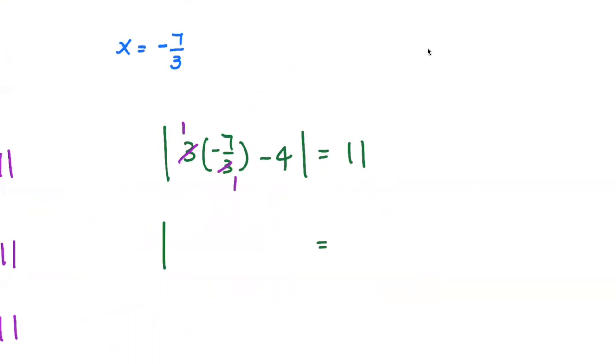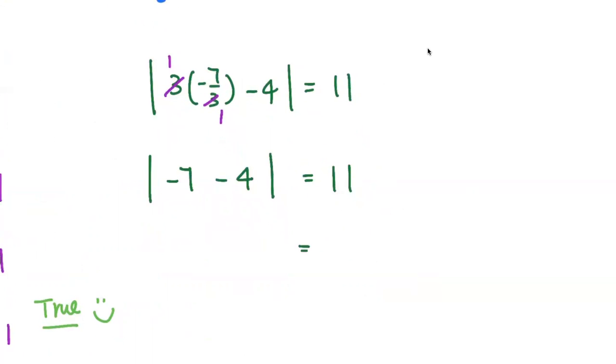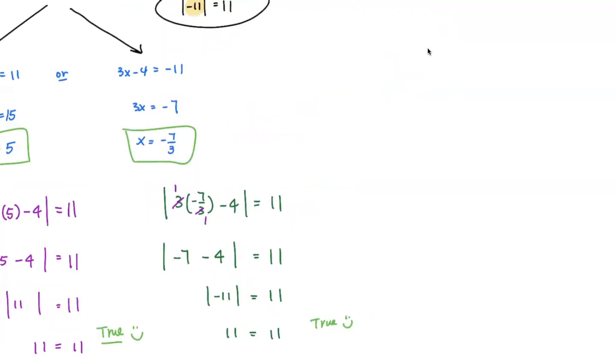So you would end up with negative 7 minus 4 between the absolute value symbols. So you have the absolute value of negative 11 equals 11. And the absolute value of negative 11 is indeed 11. So we say, hey, that's true too. So that means this is our solution. So we have two solutions right here.